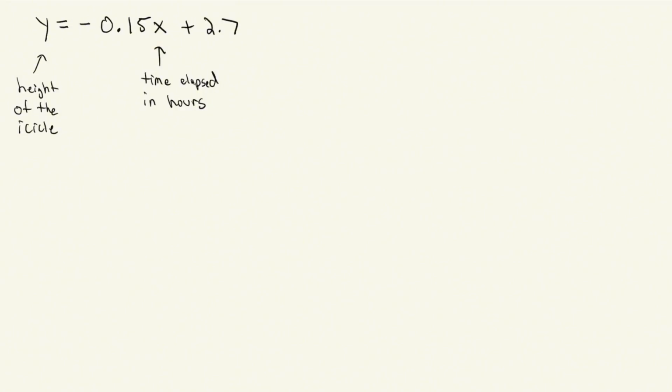So let's look at some of the terms that we talked about, and let's see if we can identify them here. So first is w, which is equal to the slope. And again, if we recall, a linear equation written in slope-intercept form is y is equal to wx plus b, and w in this case is negative 0.15, so the slope is going to be equal to negative 0.15.